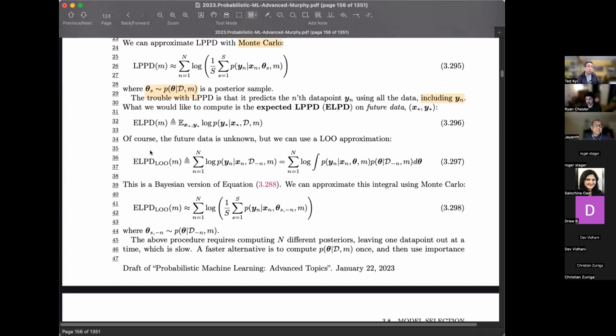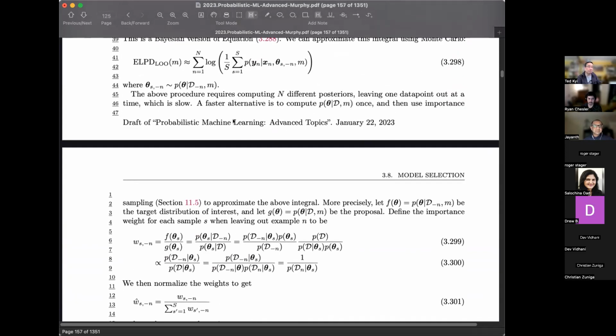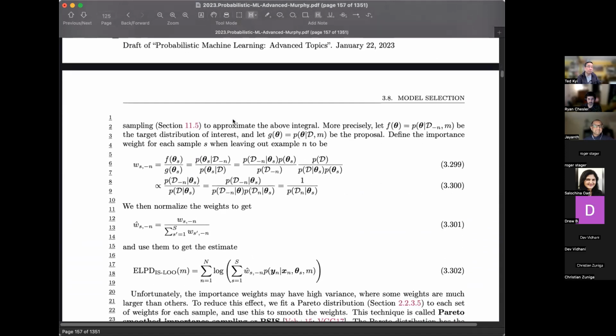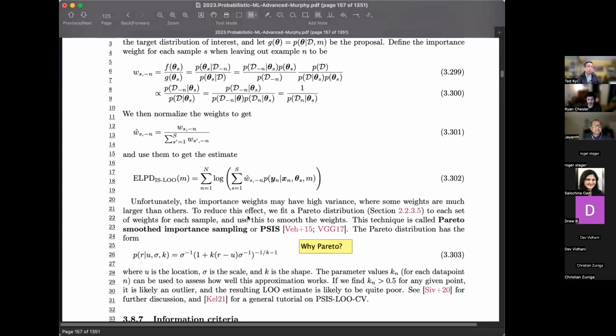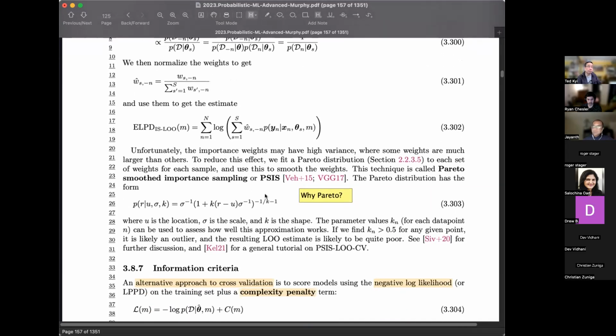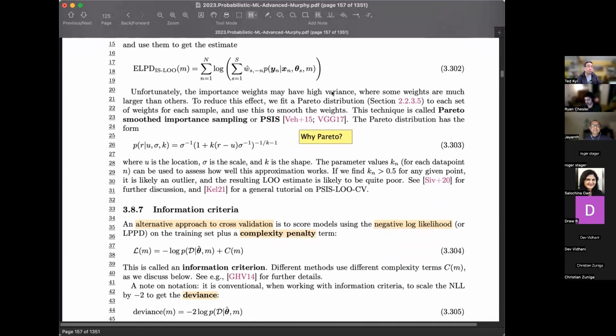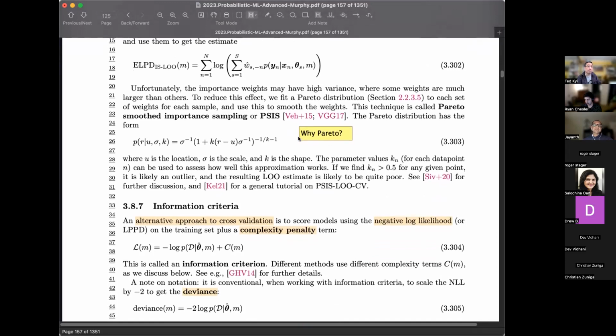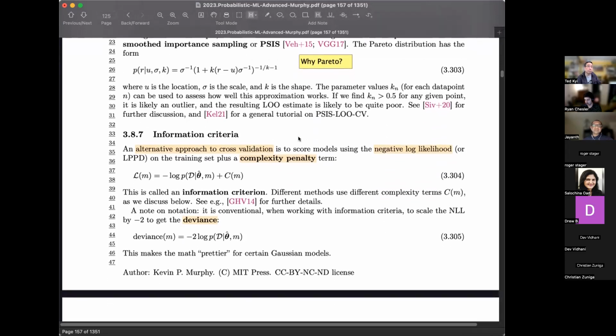So here's an expected value of that methodology. And this, I did not go through this particular math. He talks about even more complex models using a Pareto distribution. I didn't quite understand why you would do Pareto and not something else. But I guess if you read these papers, maybe it will explain it.